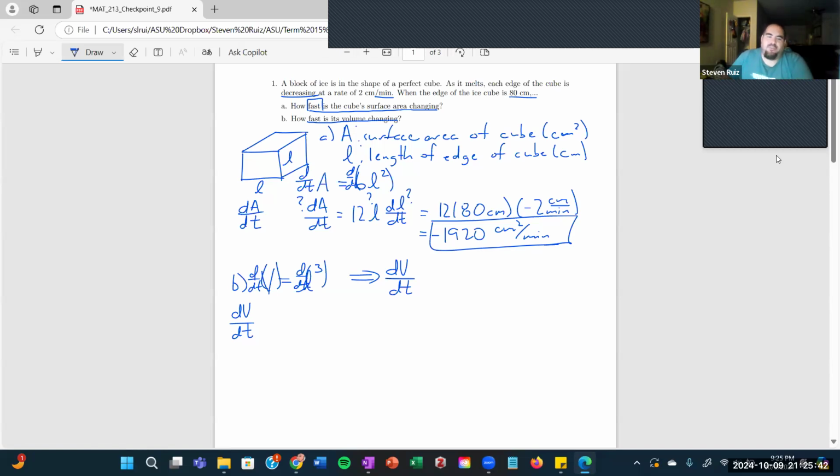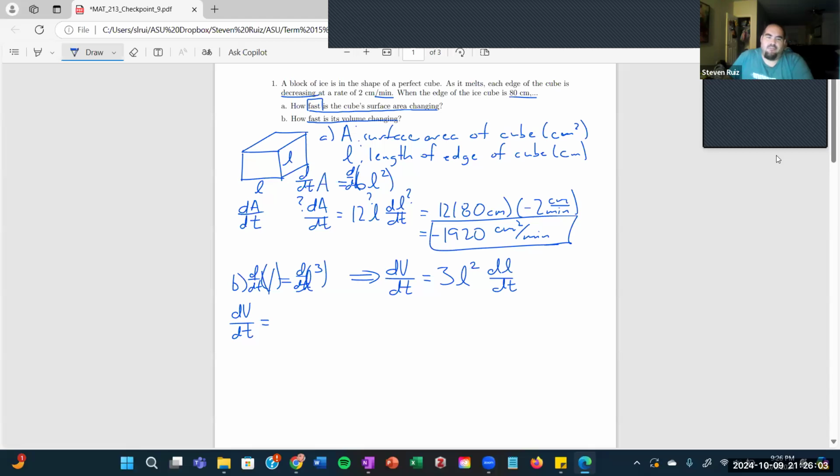So what's the derivative of something cubed? The outer layer of that is going to be 3 times whatever the something is, squared. That comes from the power rule. And then the derivative of the inner function is going to be dL/dt.